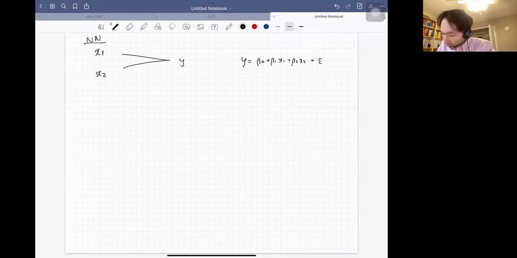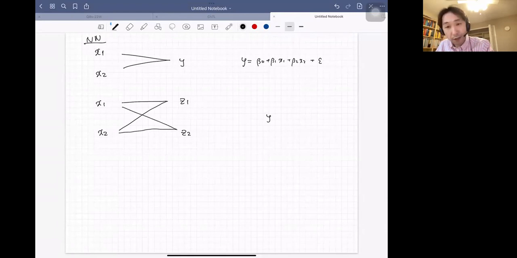And in the neural network, basically we have two layers or more than two layers. So x1, x2, and we have some unobserved variables z1, z2, and we have y. And suppose we are doing linear regression to regress z1 on x1 and x2, and z2 on x1 and x2, and y on z1 and z2.